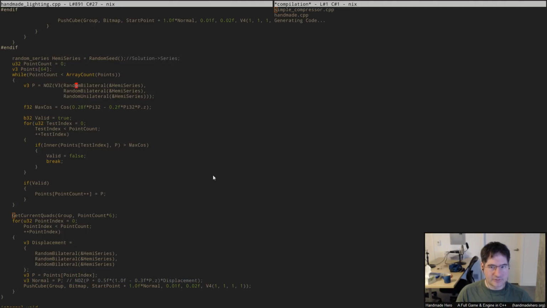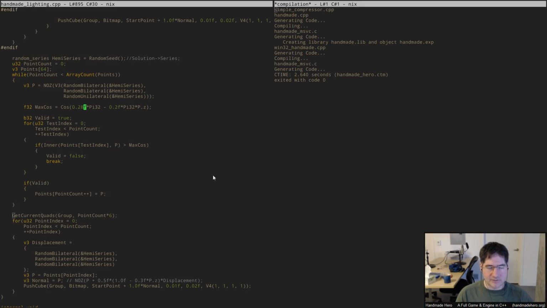Okay. So let's take a look here. We need to adjust this then for doing a full 64 point distribution because this is going to be too much spread for these. So generally speaking, we need a wider angle. We need to make max cosine be a lower value.